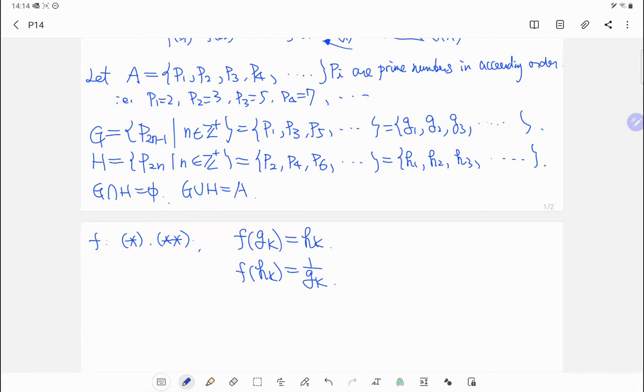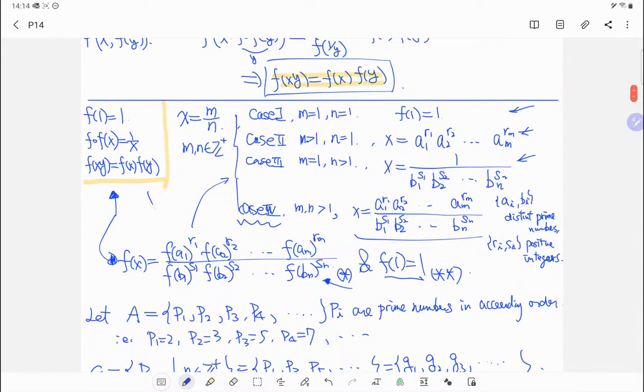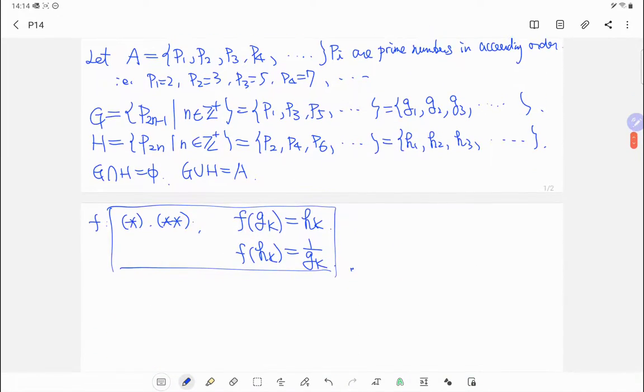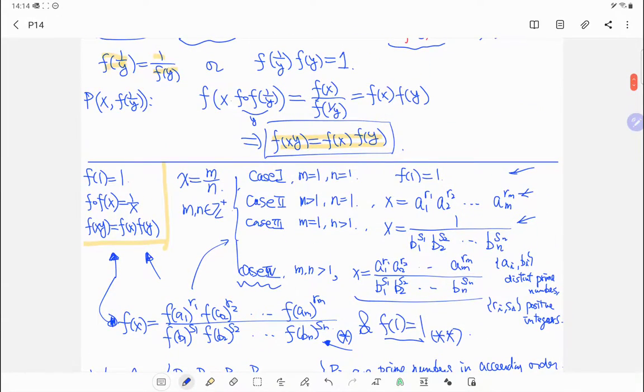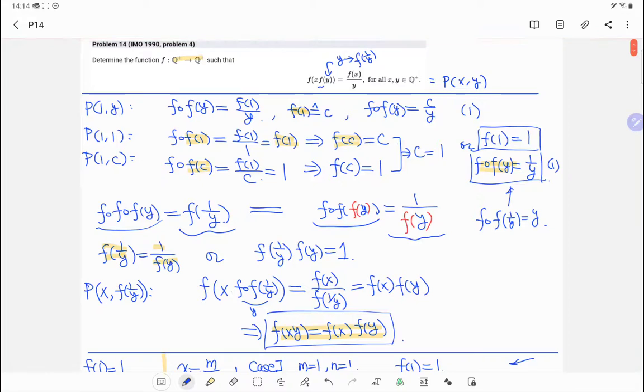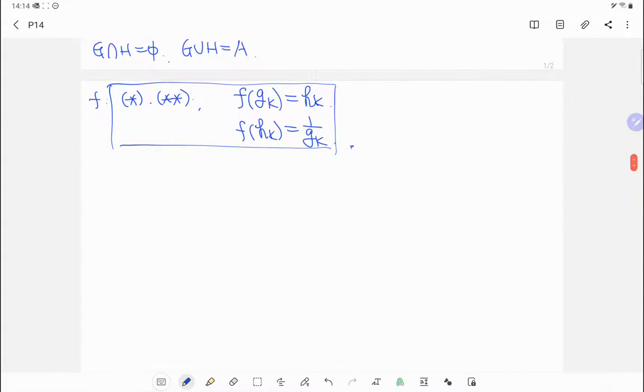So with this definition for the function f, it will satisfy these three expressions, and it will also satisfy the original function equation.